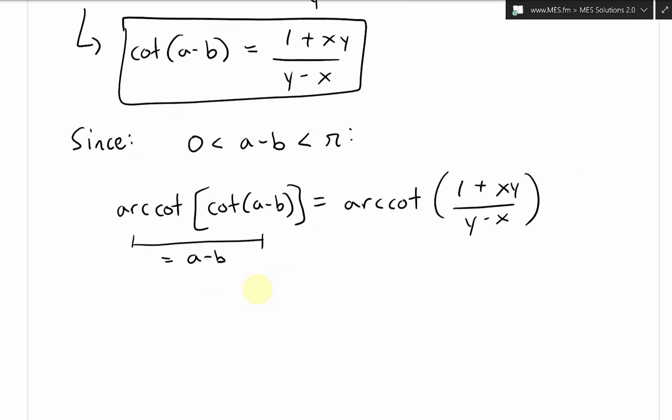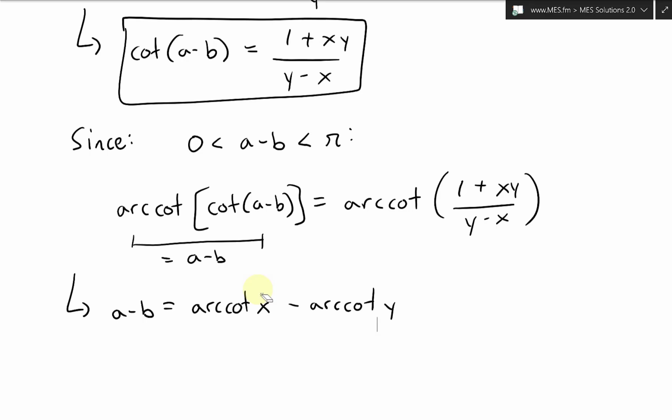And now what this means is a minus b is equal to arc, or actually let's put the whole thing. So a is arccotangent of x minus arccotangent of y, and this equals arccotangent of 1 plus xy over y minus x, like that.